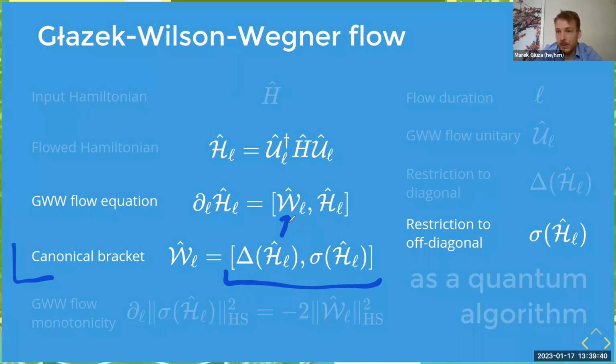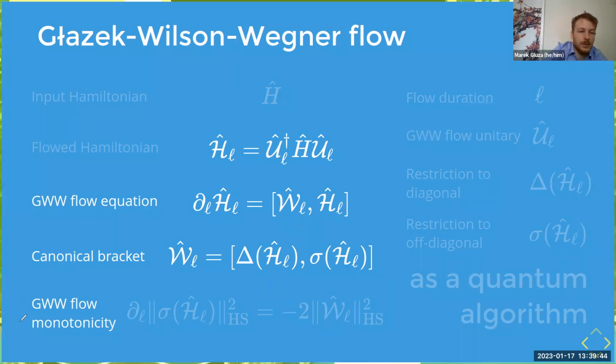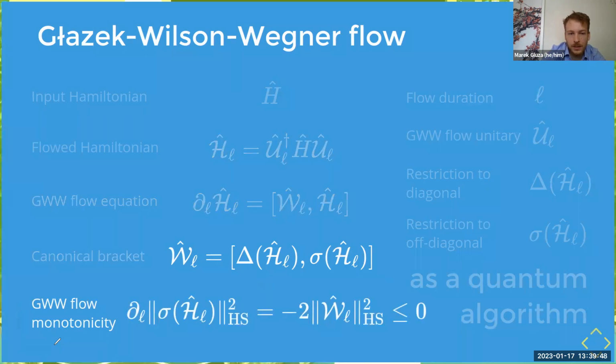So this is a very special double bracket flow, and it's special because we have the GWW flow monotonicity. Let me explain what's going on here. I'm looking at the off-diagonal restriction of the flowed Hamiltonian. As I'm flowing, I'm looking at its magnitude as quantified by the Hilbert-Schmidt norm.